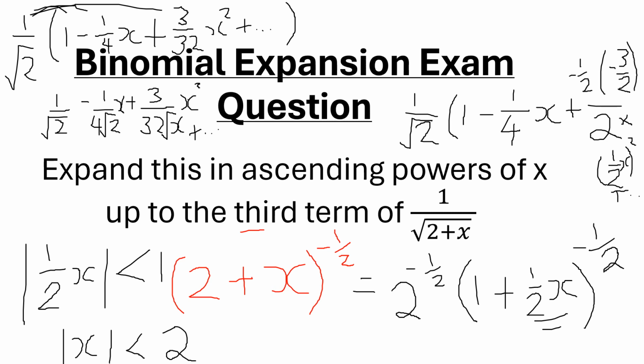So you might get a part B on that. So when you have 1 plus or minus ax to the power of n, it's when the modulus of ax is less than 1, and then you rearrange that inequality. Modulus just means taking the positive amount. So if it's negative, it becomes positive. It takes any negative numbers and makes them positive.